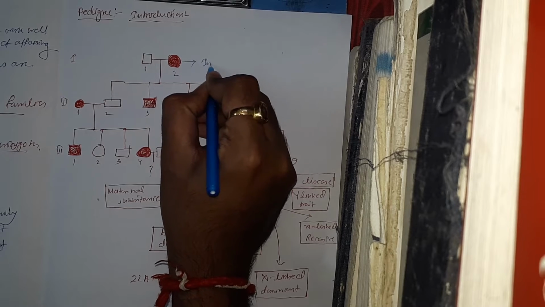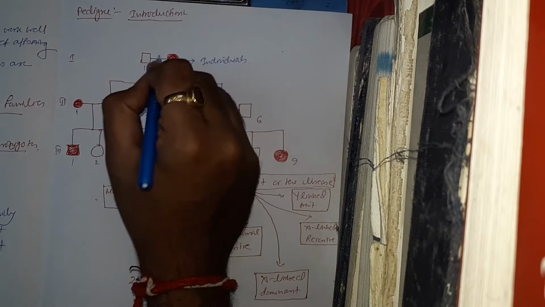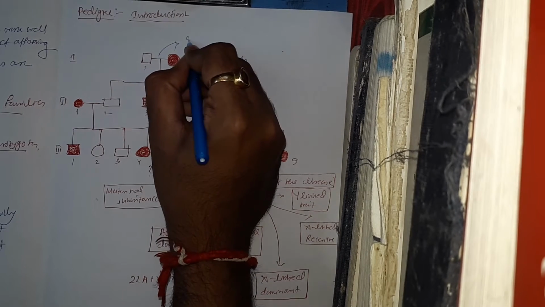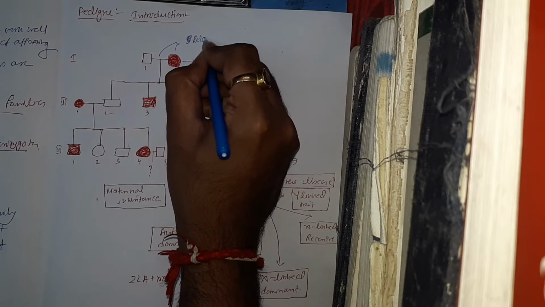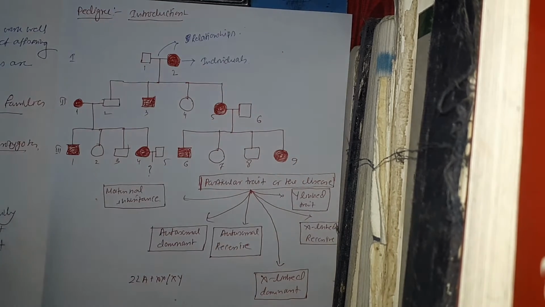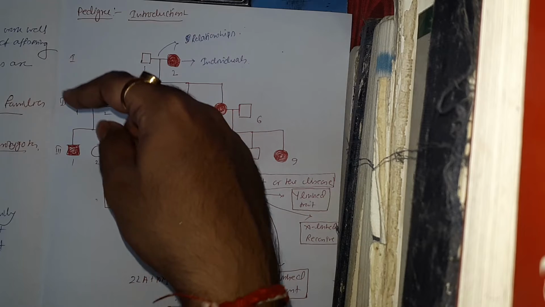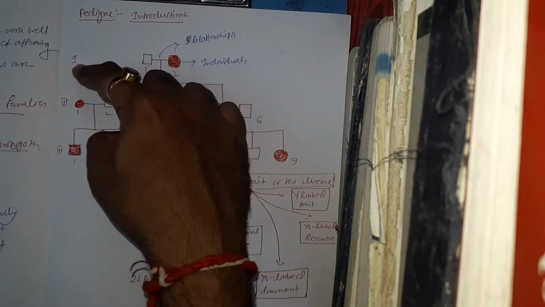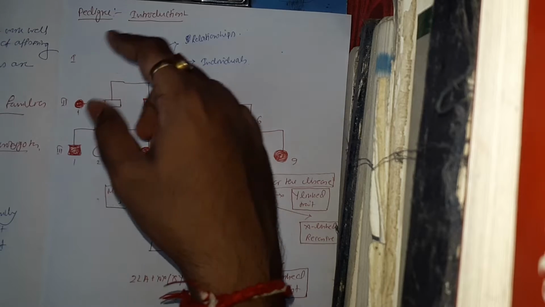Let me write. These things are individuals, and this line simply represents the relationships. Before talking about why we need a pedigree, I need to mention that the 1, 2, 3 written in Roman numerals tell us the different generations.